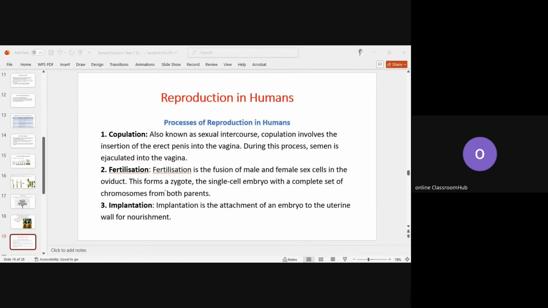Sir, please, with the abnormality that causes the Down syndrome, is it just random or is something that actually causes it? It's something that causes it.